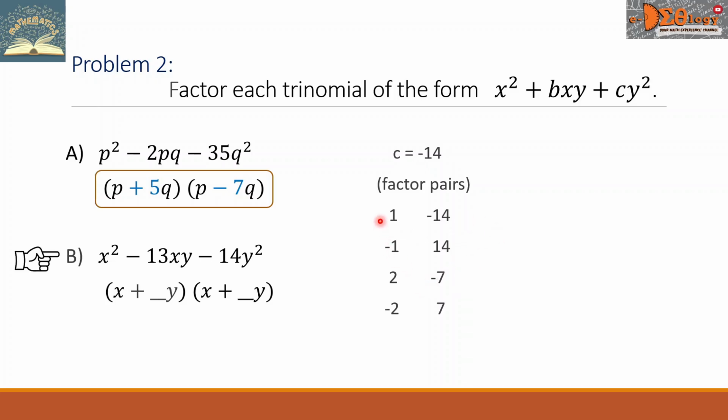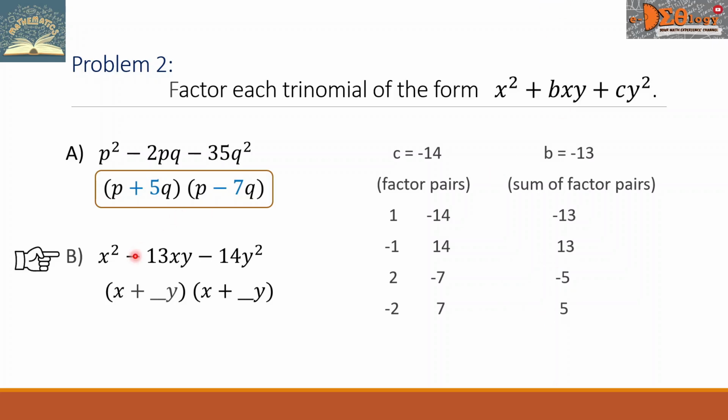So we have 1 and negative 14, negative 1 and 14, 2 and negative 7, negative 2 and positive 7. Then we go for the sum, and we have negative 13, positive 13, negative 5, positive 5, respectively.